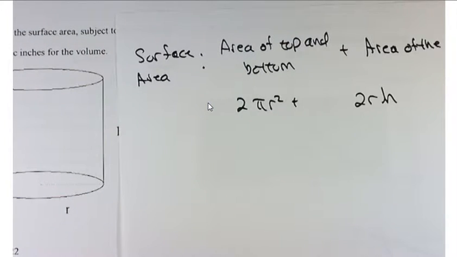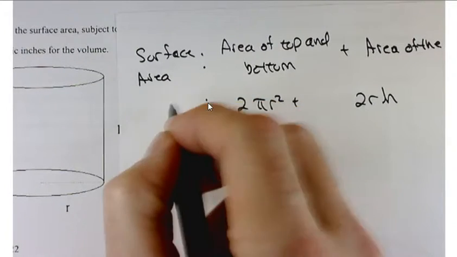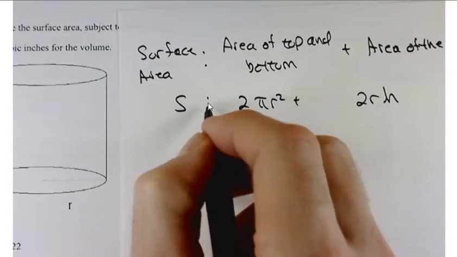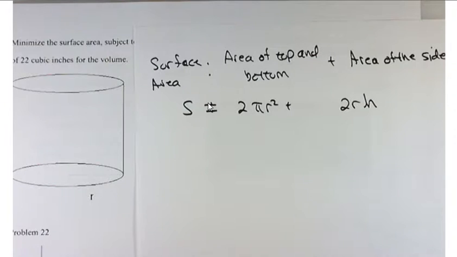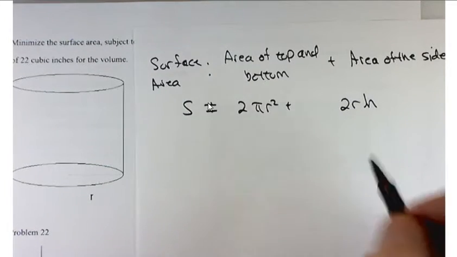Okay, looking better. Call that S. But it's still not exactly where it needs to be. What else do I need to improve on this? Yeah, we got an extra variable. Yes, sir. Oh, you know what?